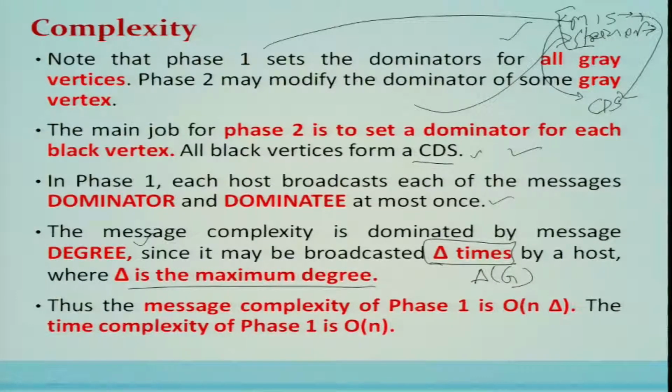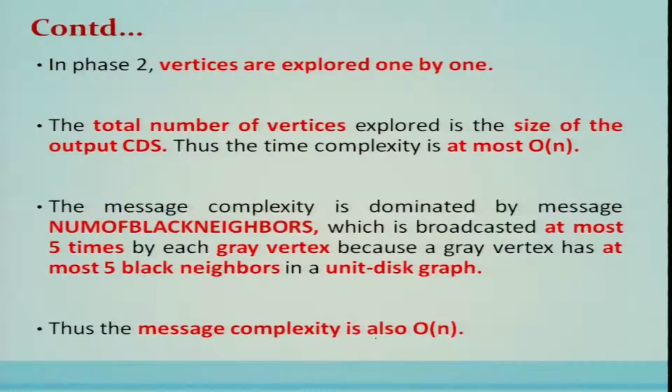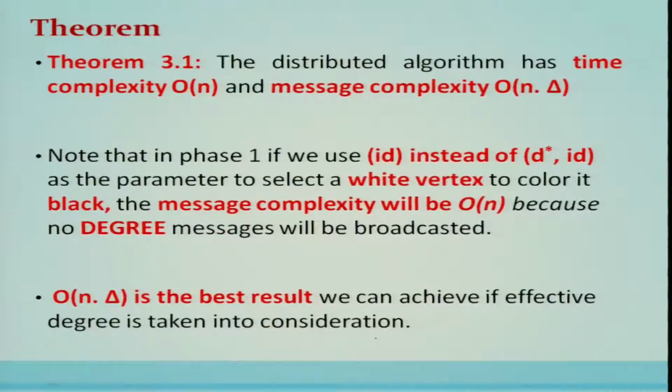Hence the message complexity of phase 1 is of the order n times big delta, and the time complexity of phase 1 is of the order n. So this computation of time and message becomes the theorem.